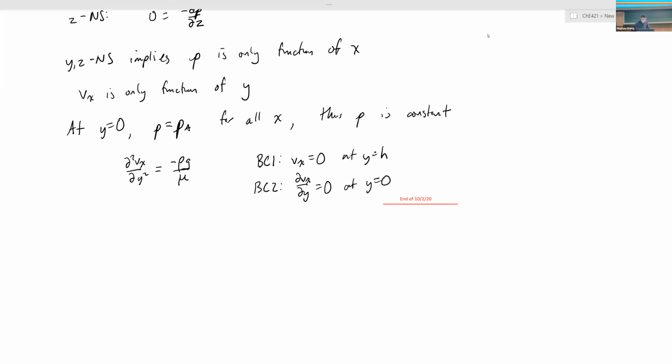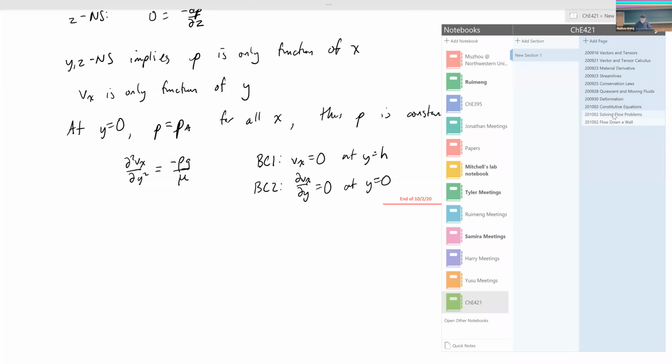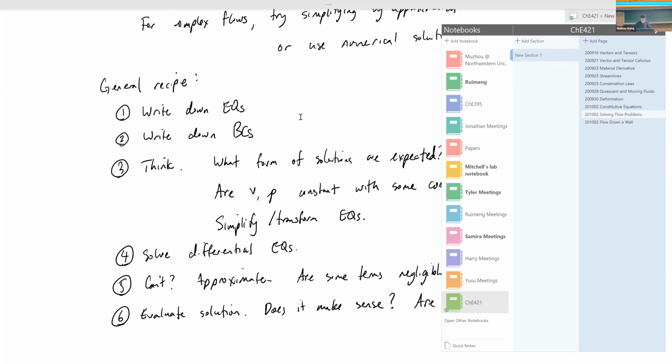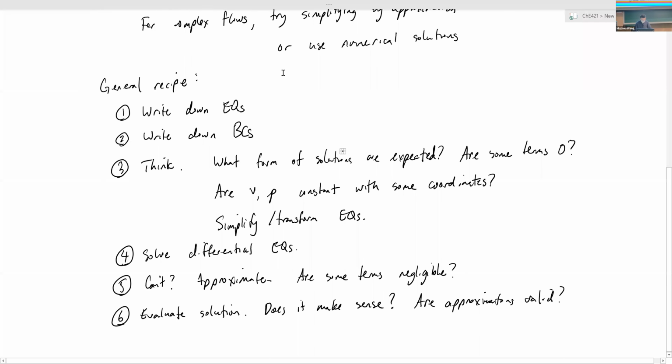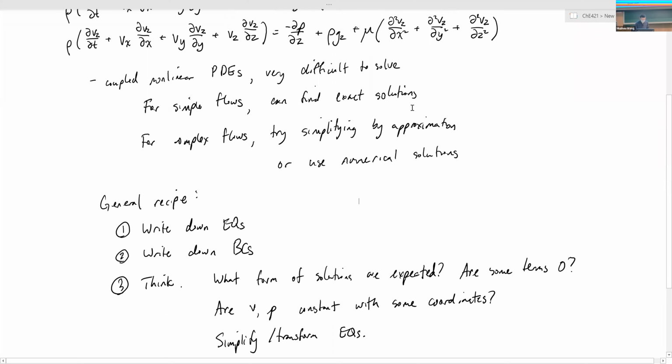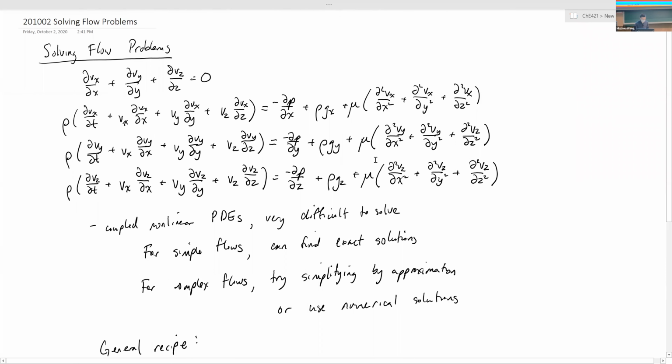So just a quick review over what we've been doing over the past few days. We talked a lot about conservation laws and constitutive equations, and we ended up deriving this set of equations. They're called the Navier-Stokes equations.